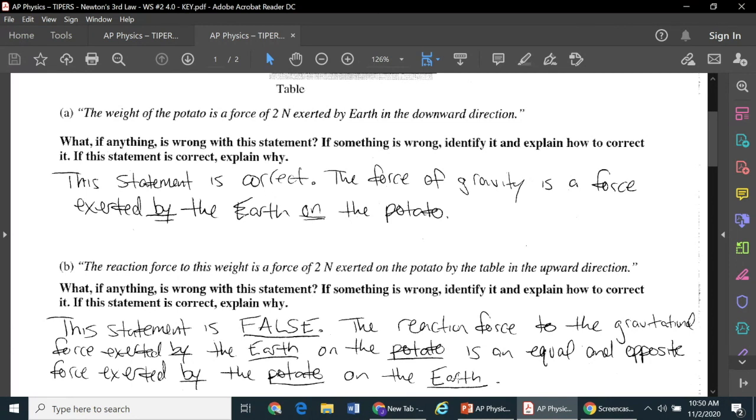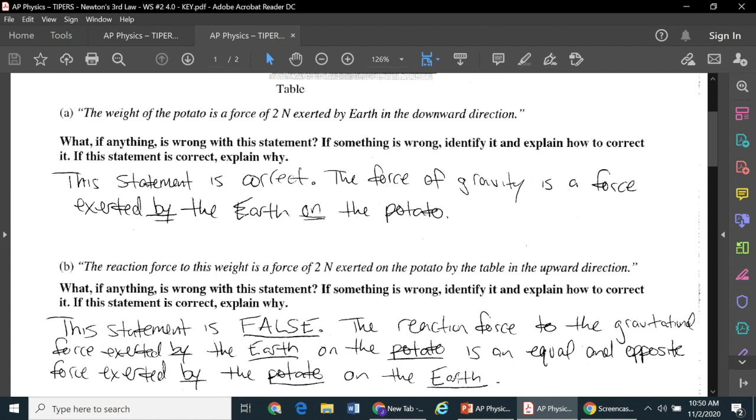As we mentioned, and we're going to take a second after we're done with this to write some notes about this, interactions only involve 2 objects. So if the interaction, or specifically here, the action involved in this interaction is a force exerted by the Earth on the potato, then that interaction only involves the Earth and the potato.